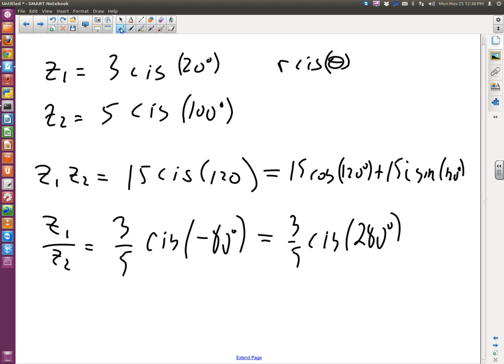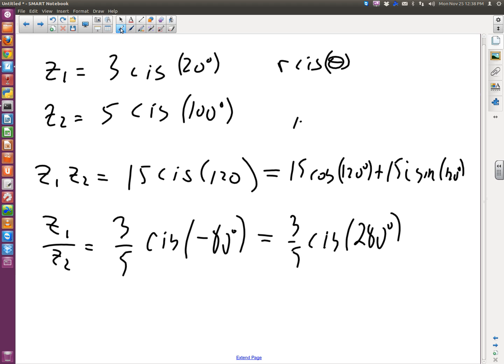Let's see. Here we are. 120. Where the heck is 120? 120 is over here. Second quadrant. How far from the horizontal? 60 degrees. So you know 60 degrees, right? So what's the cosine of 120 over here? The cosine is 60, but it's negative because the x's are negative in the second quadrant, right? Now 60, the cosine is 1/2, right? So -1/2.